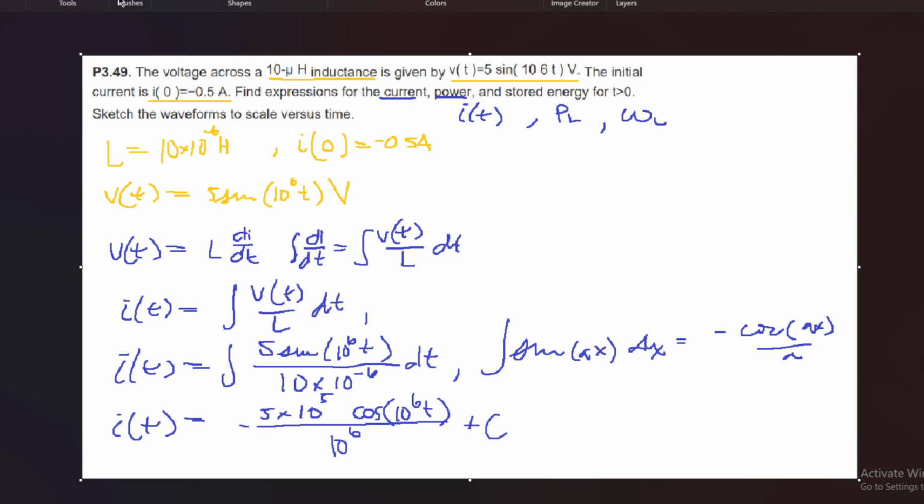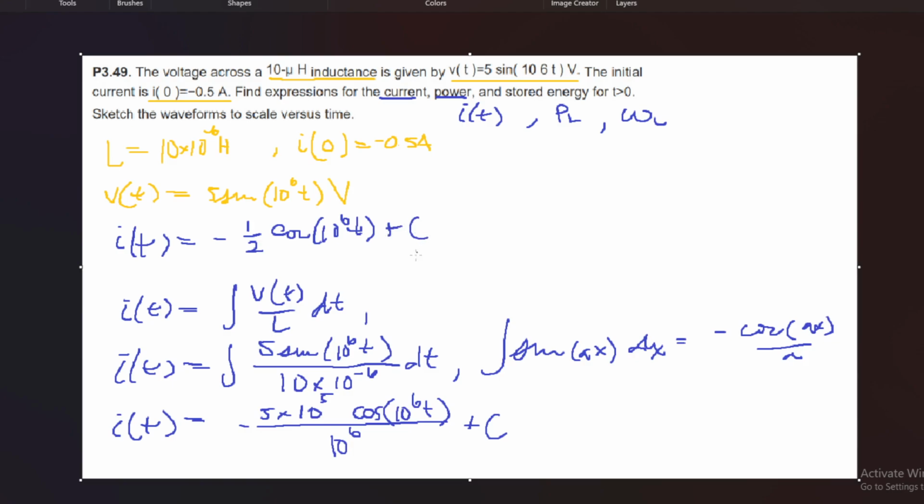Then we can erase a lot of this and start back at the top. We can solve for c by plugging in I0 here. Actually, I think we could simplify that more. So I of t is simplified to negative 1/2 cosine of 10 to the 6t plus c.